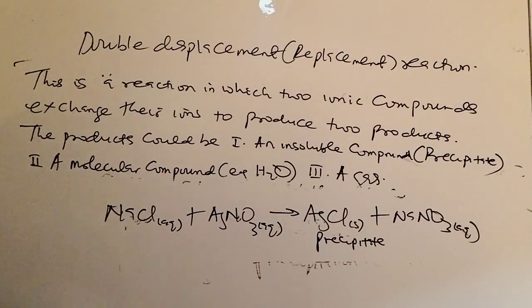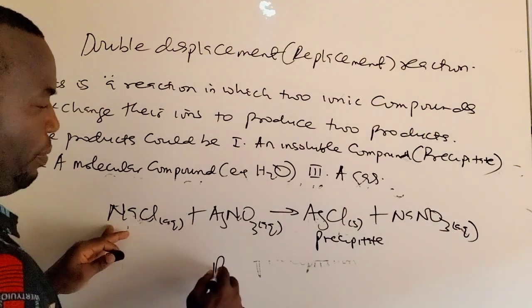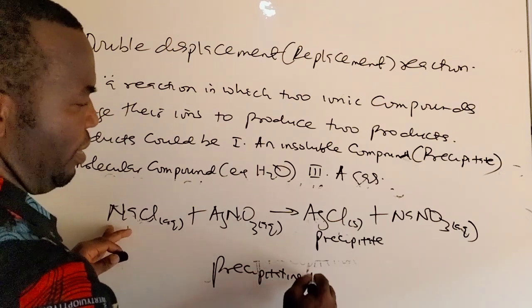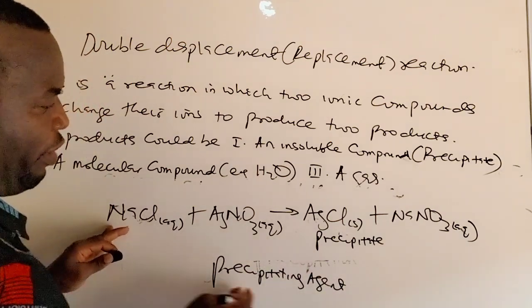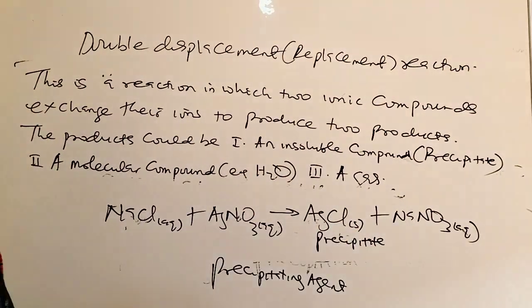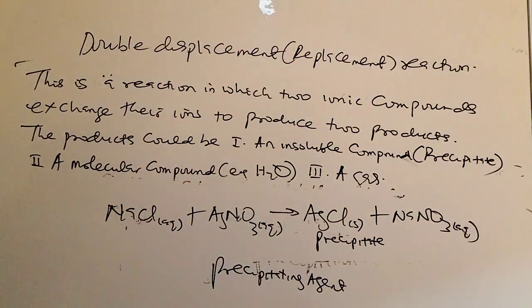And you ask, which of the reactants is the precipitating agent? Precipitating agent is different from precipitate. Precipitate is a product, the insoluble product. But precipitating agent will be one of the reactants. They ask you, which of them is the precipitating agent?